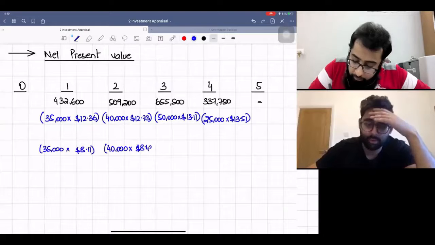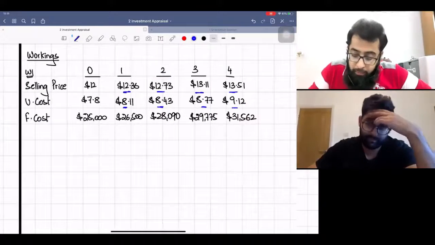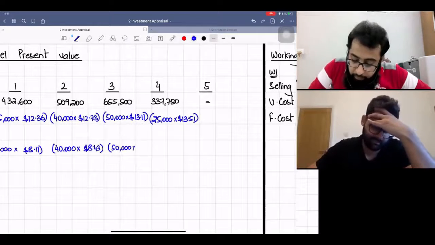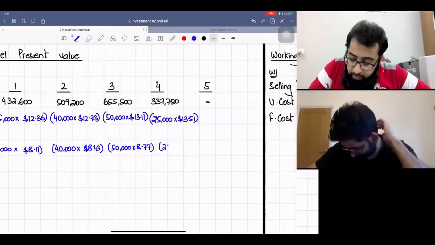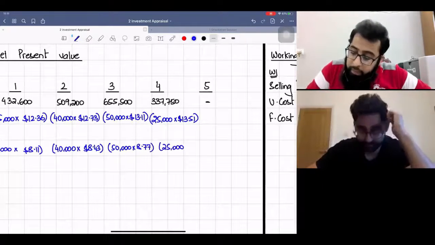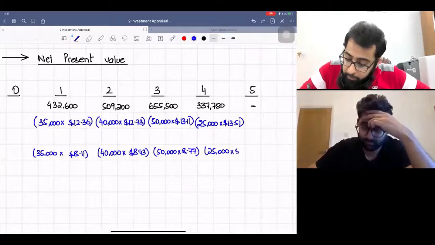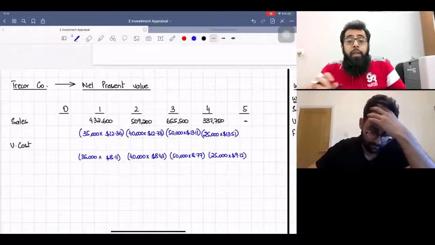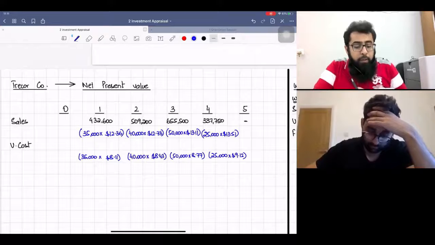You don't do anything for year 0, obviously, because in year 0 there will be no sale. Year 0 means now. Then 25,000 units multiplied by 9.12.